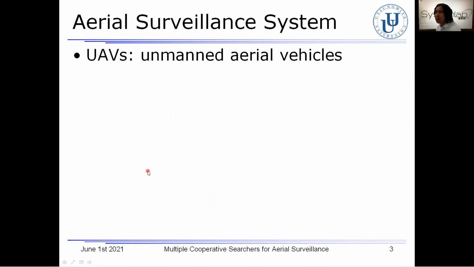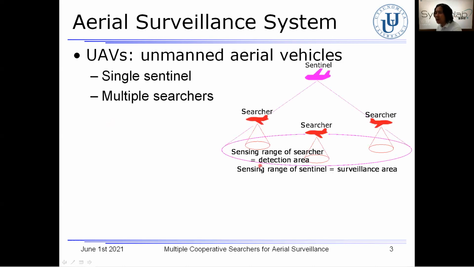In recent decades, unmanned aerial vehicles, UAVs, have been employed for the surveillance application. So we focus on an aerial surveillance system composed of multiple UAVs. As you can see in this figure, the aerial surveillance system is composed of a sentinel and multiple searchers.